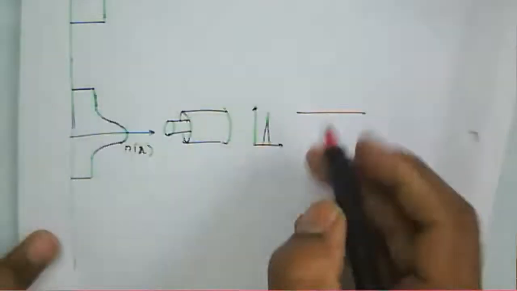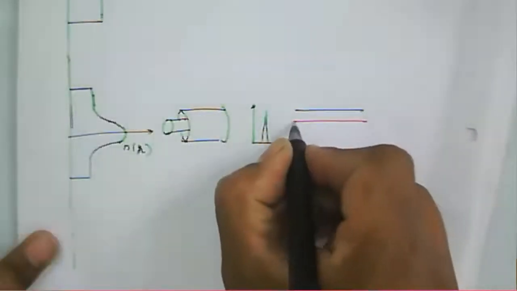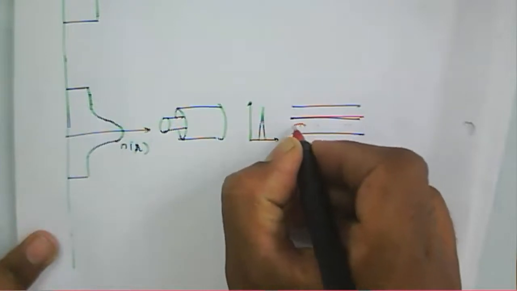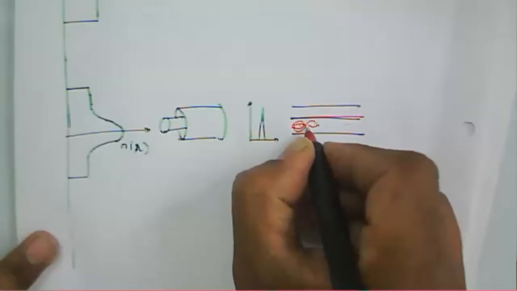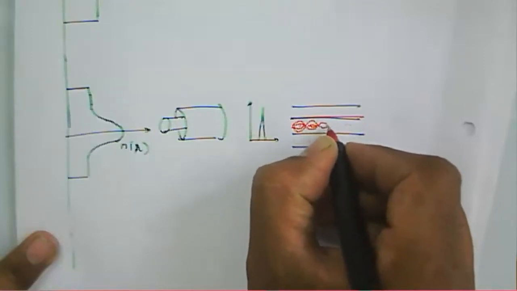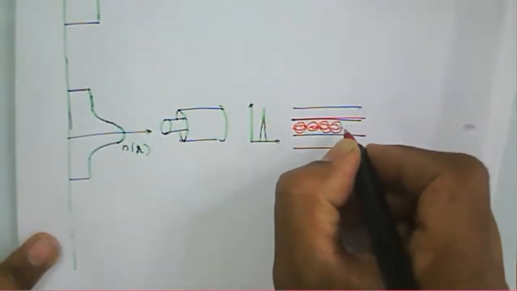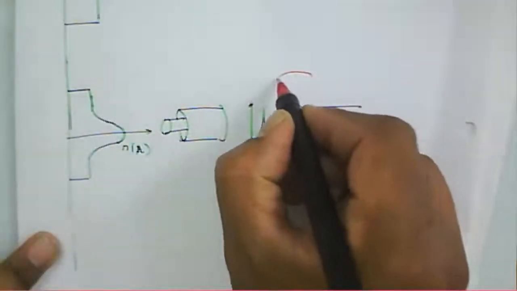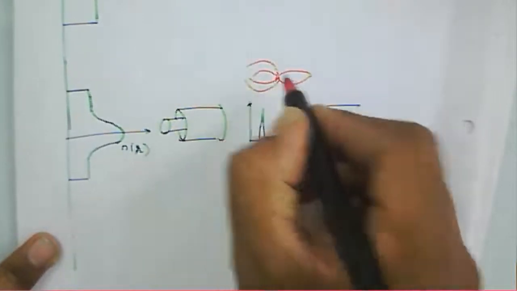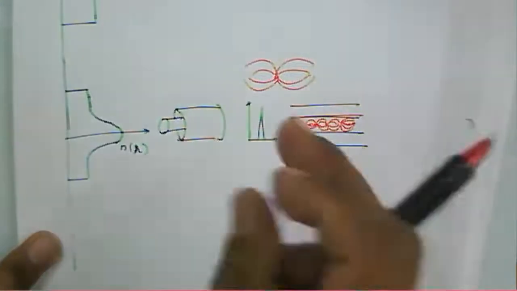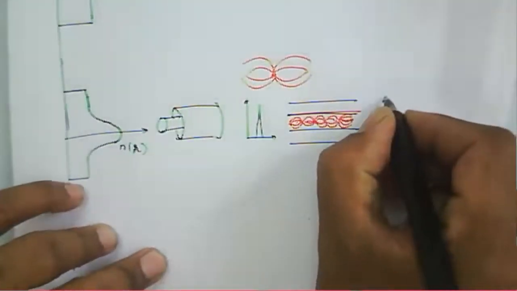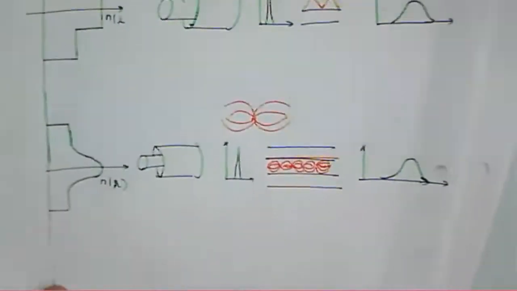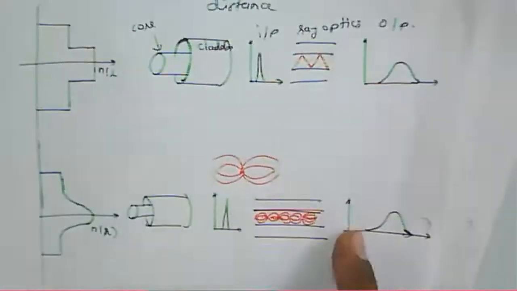Looking at the internal structure, the light propagates through the fiber along this axis because of the variation in the refractive index, and the output again is a broadened pulse. The same happens in the step index fiber and in the gradient index fiber.